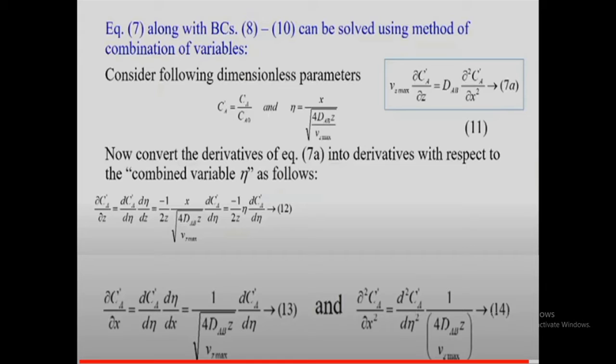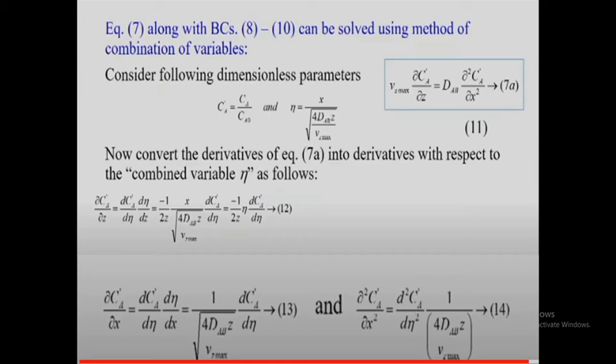Vz max ∂Ca dash/∂z, instead of Ca we have introduced the dimensionless parameter Ca dash, is equal to DAB ∂²Ca dash/∂x². Are you clear? Okay, so this is 7a.